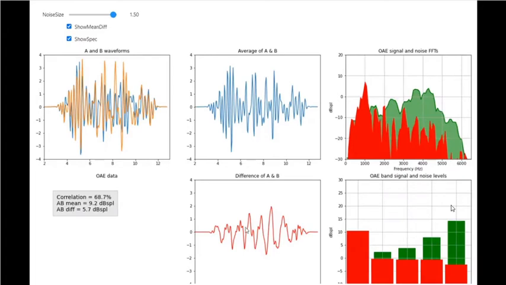There's a significant quantity of noise, and that would have been enough, if we were just looking at waveforms, to say, well, I'm not completely convinced that that's a proper or good OAE.